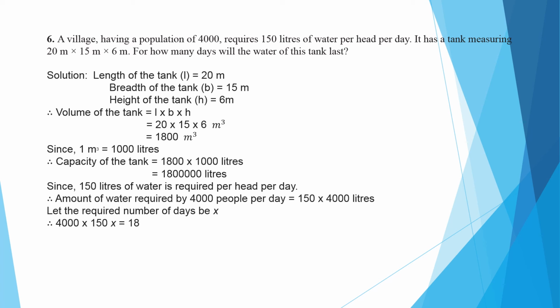So 4000 multiplied by 150 into x is equal to the total capacity of the tank. On simplifying, we get x is equal to 3. So that is the required number of days. For 3 days the water will last for 4000 people at 150 liter per day per head.